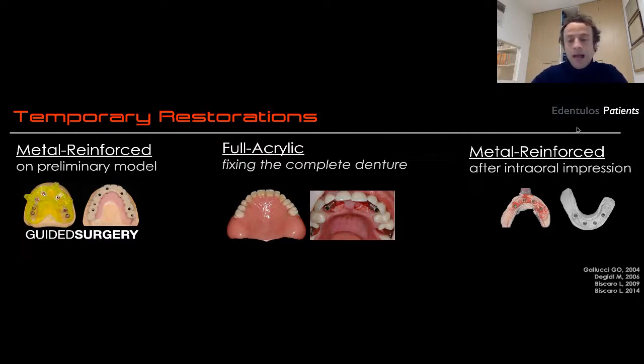Honestly, I don't like this procedure because I don't like to work with the patient 1, 2, 3 days after the surgery, because sometimes there is some swelling, the patient has some discomfort, and it's not easy to record the centric relation, because in this situation sometimes we have to take a new centric relation. After the surgery it's not easy to manage all these aspects.